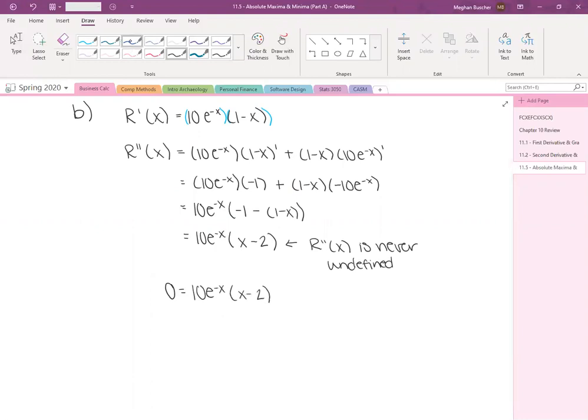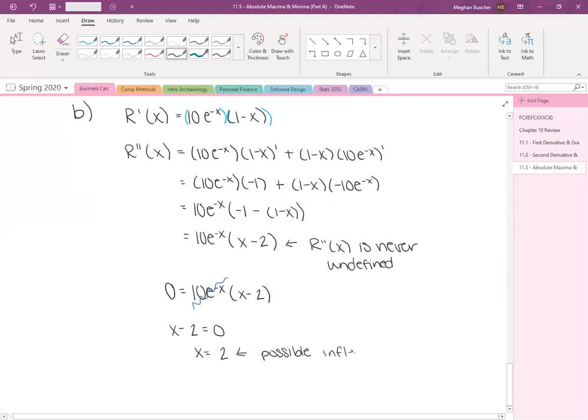And same as before, this e to the negative x is never equal to 0, so we're just going to ignore it and focus on where x minus 2 equals 0. That will give us x equals 2. Now the difference here is this is a possible inflection point.